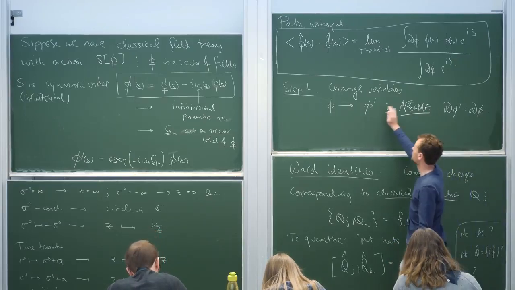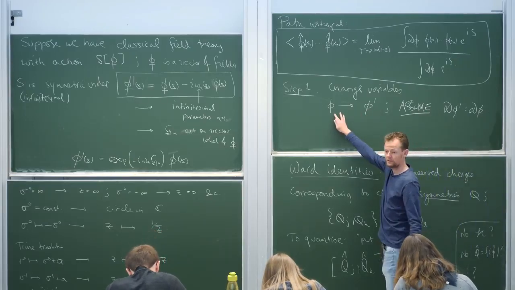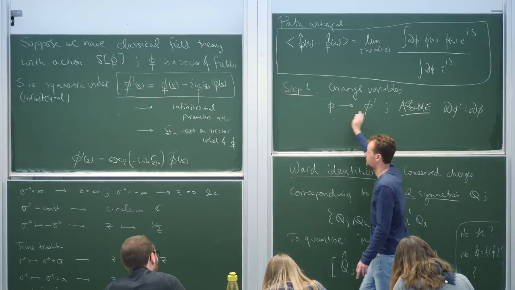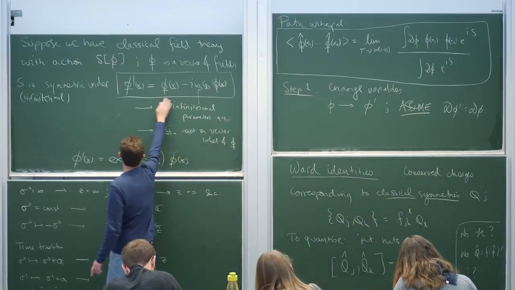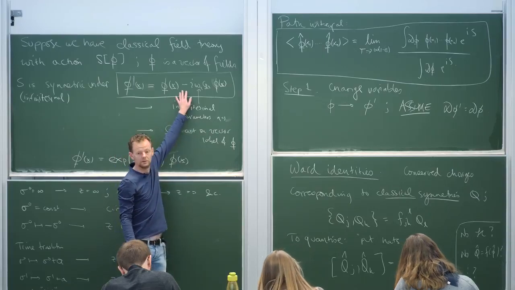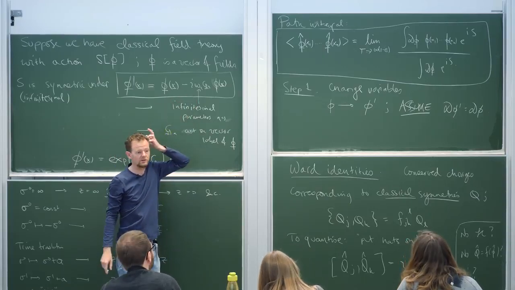So instead of doing everything with respect to the variables phi at x, we're going to do everything with respect to phi prime of x, where phi prime is the symmetry transformed field up here. It's just a change of variables so far.